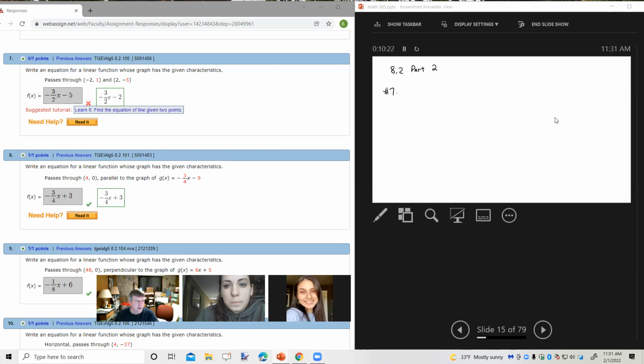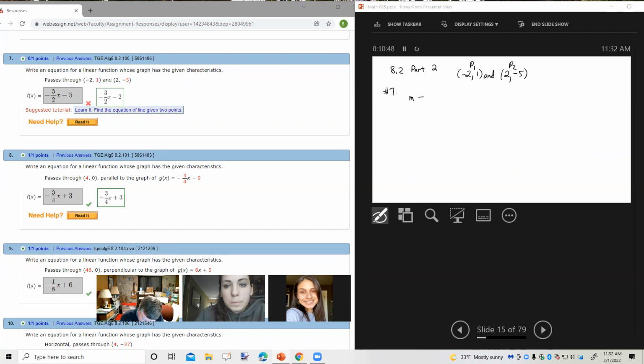Thank you. Okay, so number 7 says, write an equation for a linear function whose graph has the given characteristics. It passes through the points -2, 1 and 2, -5. So we need to find the slope. I'm going to call this point 1 and this point 2.